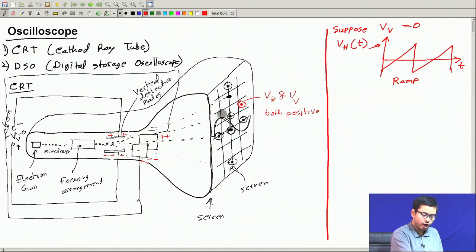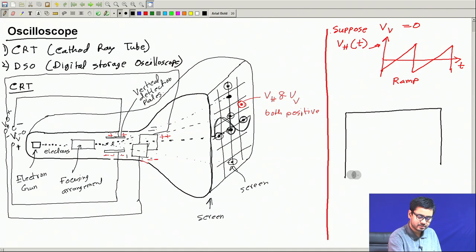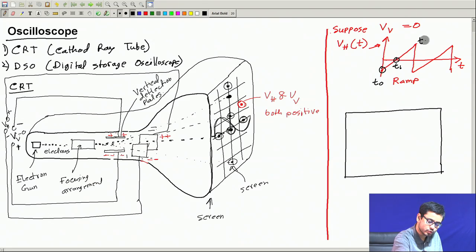So, how will the electron move? If we see from the front, this is the front view, this is the screen. Let this time be T0, let this be T1, T2, T3.